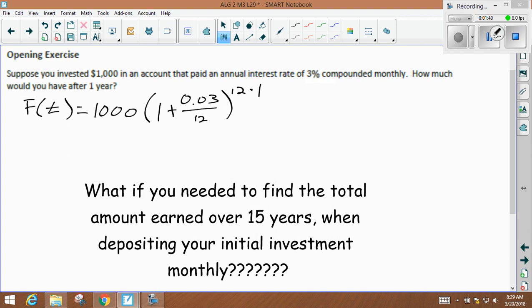So if we wanted to calculate this, no problem, easy peasy. We put this into our calculator: 1,000 times 1 plus 0.03 divided by 12.